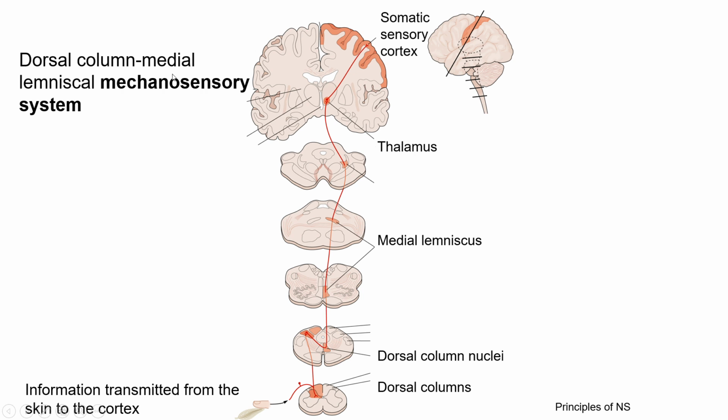Instead of the dorsal column medial lemniscus, it's going to use another one where it immediately crosses the spinal cord to the other side when it enters the spinal cord, instead of first going up as seen here, and then only crossing when it reaches a specific component of the higher parts of the spinal cord.